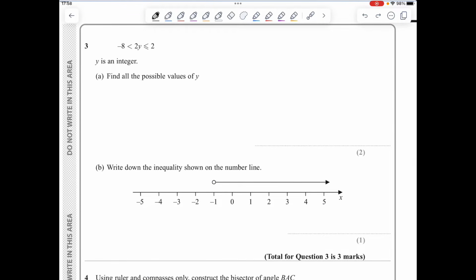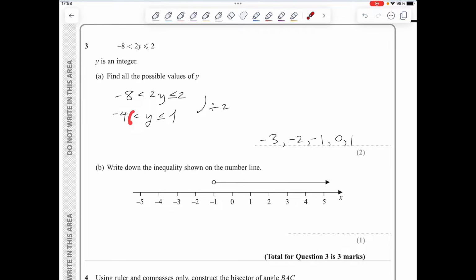For part A of question 3, I will start with the inequality I'm given, and then I will divide all sides by 2. So I'll get -4 < y ≤ 1, but I need the integers because y is an integer, so all the integers in this range are -3, -2, -1, 0, and 1.